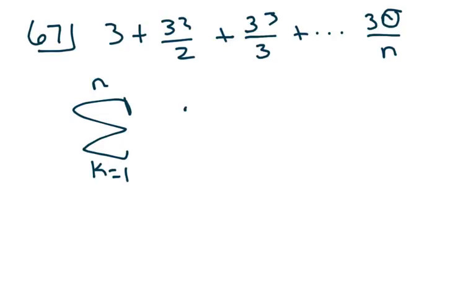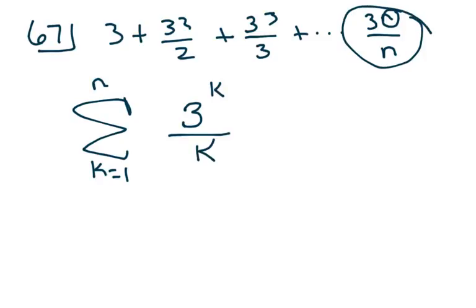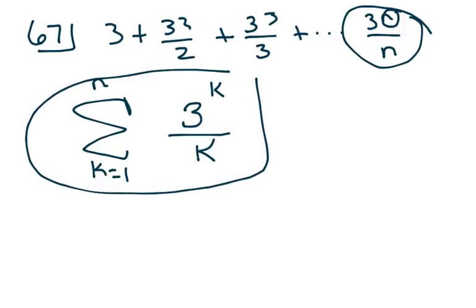So it's always 3 to the n. And we're going to write what? K over k. Now basically what I did is I just wrote this last term, and I substituted with what? K.